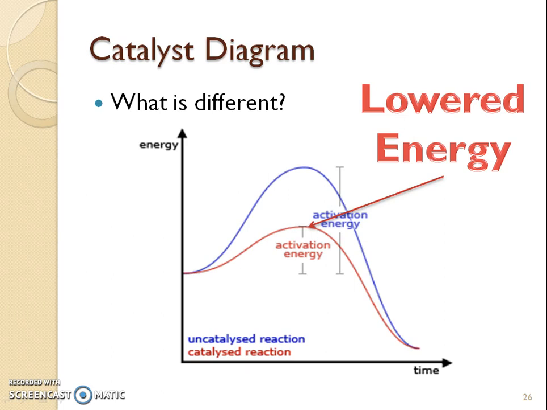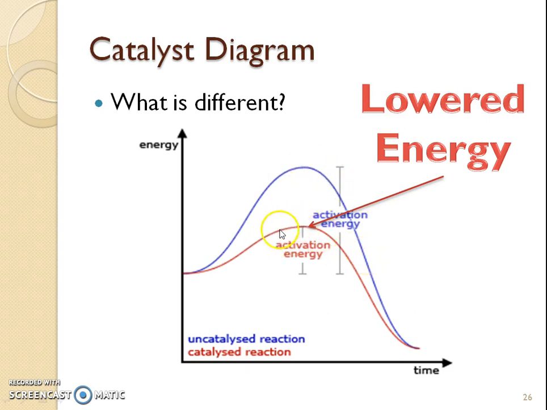Well, what does a catalyst do? Just lowers that energy. Notice the amount of energy for reactants and for products is the same, but it's how much energy it takes to get over that hill. If you are a car going up this hill, you are definitely going to get up this red, lower hill much faster than going all the way up this one to reach the amount of energy to make those products.